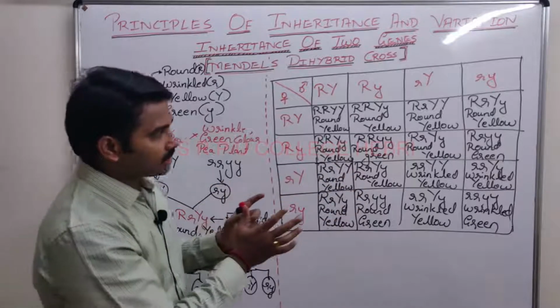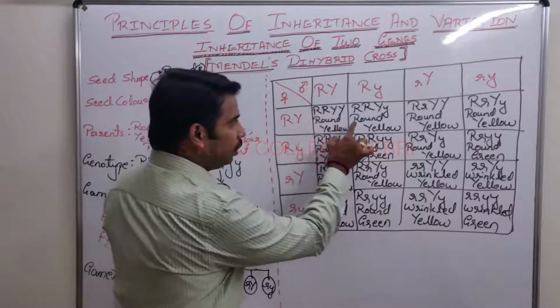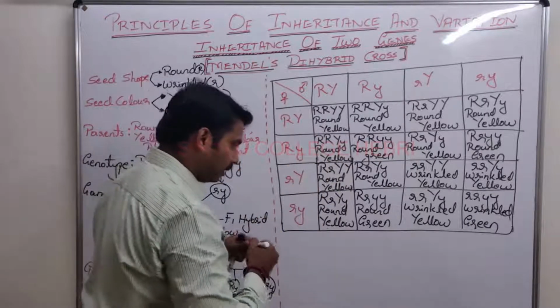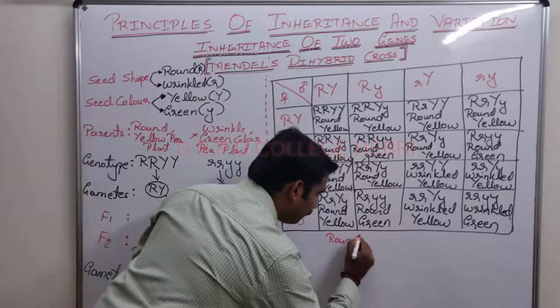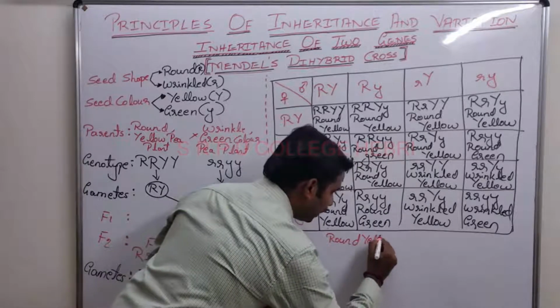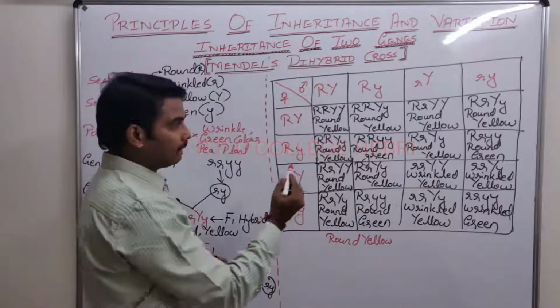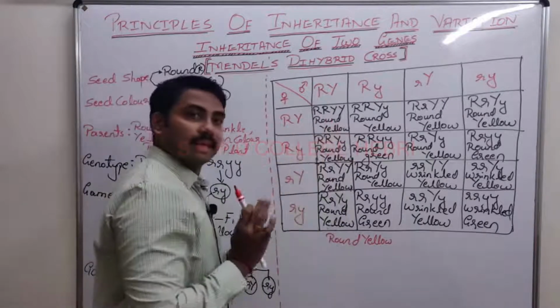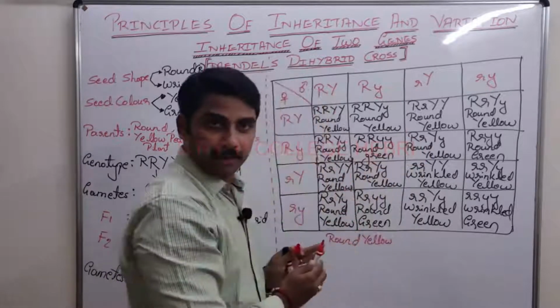Now, in this, if you look at the phenotype round yellow, how many of them are round yellow in this case? I will use the red ink, and it is even your responsibility in the board's exam. You have to check it properly.